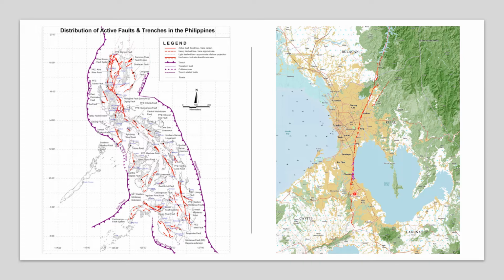So, it extends from Doña Remedios Trinidad in Bulacan in the north and runs through the provinces of Rizal, Metro Manila, cities of Quezon, Marikina, Pasig, Makati, Taguig, and Muntinlupa, and the provinces of Cavite and Laguna that ends in Canlubang. Okay? So, this red continuous line is your Marikina Valley Fault System.